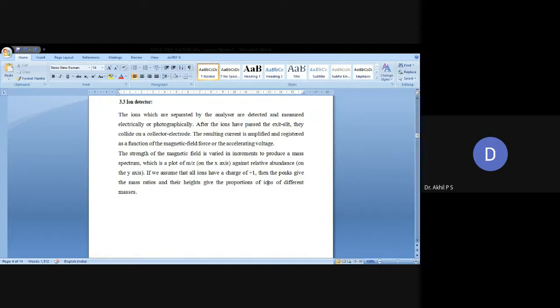The strength of the magnetic field is varied in increments to produce a mass spectrum, which is the plot of m/z against relative abundance. If we assume that all ions have a charge of +1, then the peak gives the mass ratio and their height gives the proportions of ions of different masses.